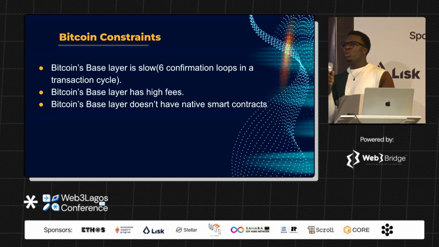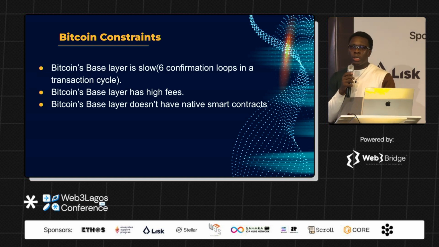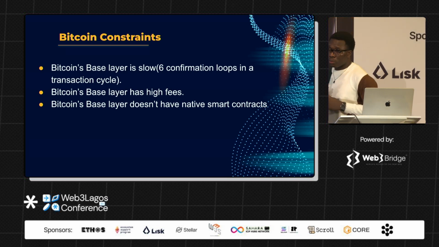Looking at all the benefits available to you on Bitcoin, what makes it difficult for people to innovate and build on Bitcoin, just like it is currently available on Ethereum? One of them is that it is slow.